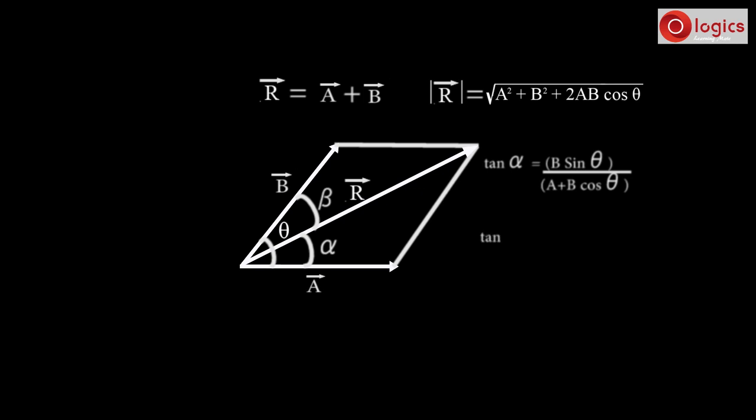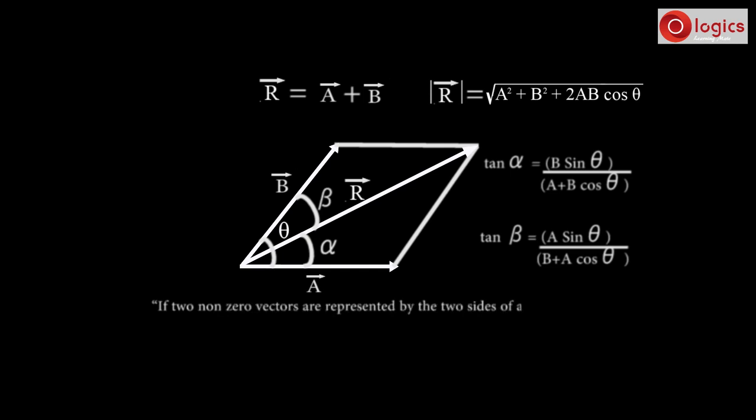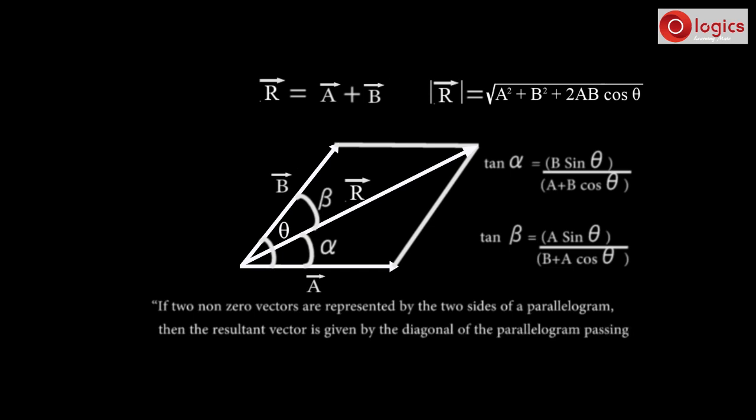Tan beta equals A sin theta by B plus A cos theta. In conclusion, the parallelogram law of vectors states that if two non-zero vectors are represented by the two sides of a parallelogram, then the resultant vector is given by the diagonal of the parallelogram passing through the point of intersection of the two vectors.